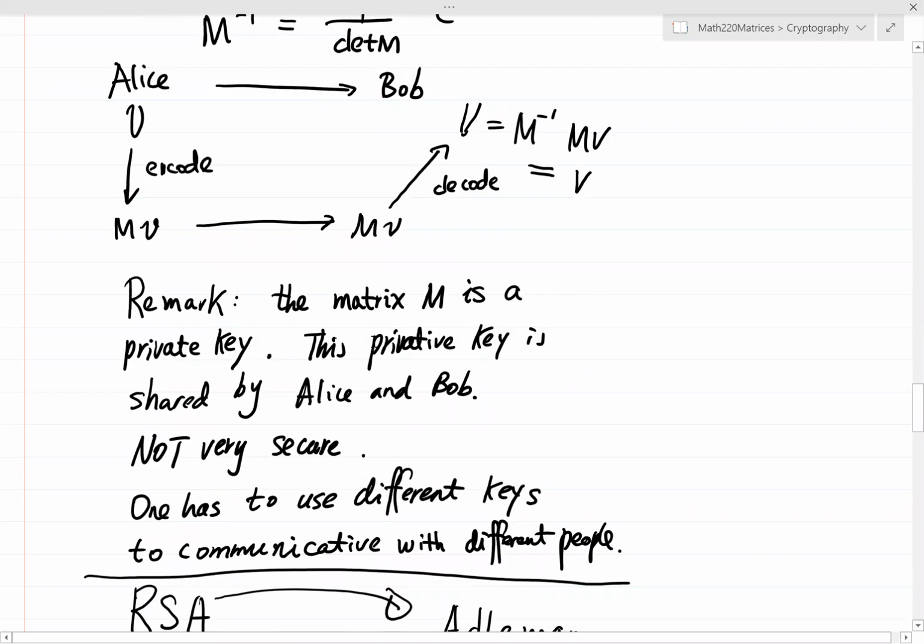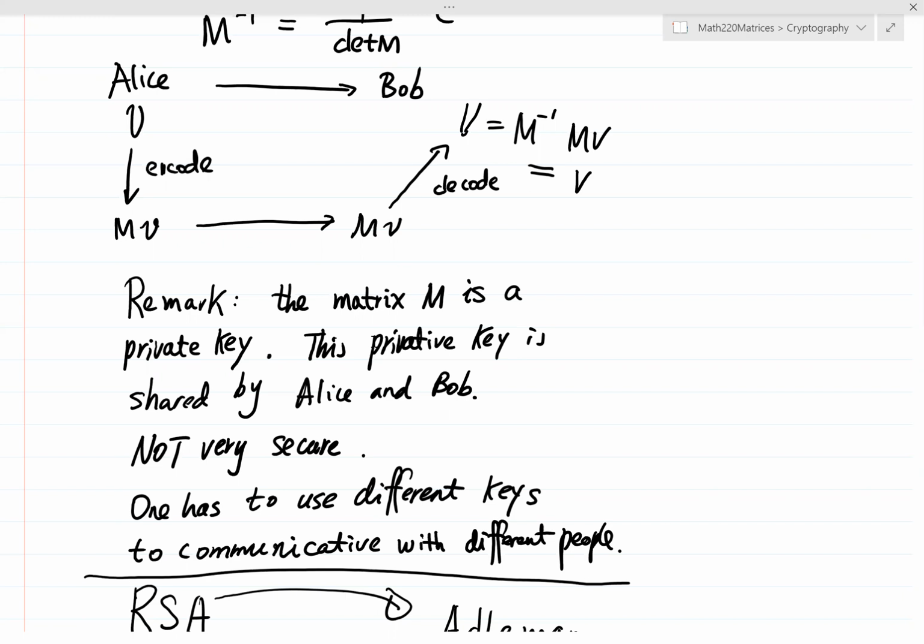It turns out the Hill cipher is not good enough. The reason is that the private key is shared by Alice and Bob, and in many situations this is unreliable. You want to make sure the private key is held only by yourself, not anyone else.